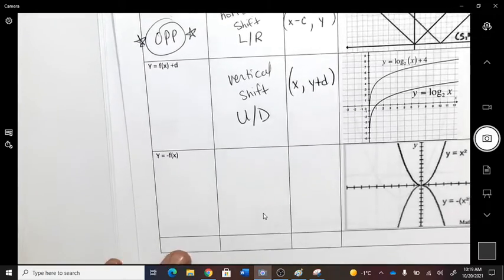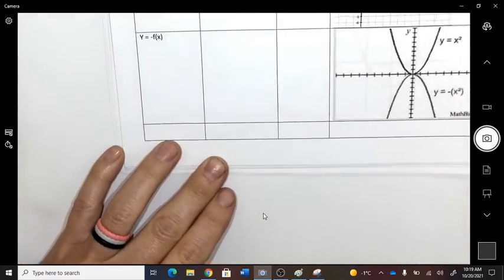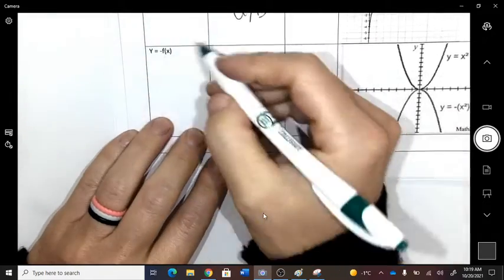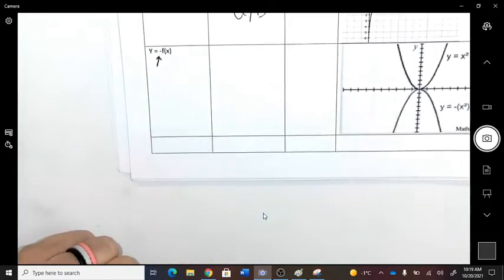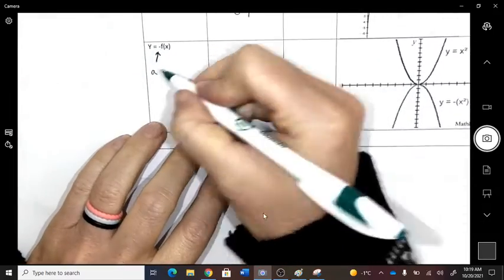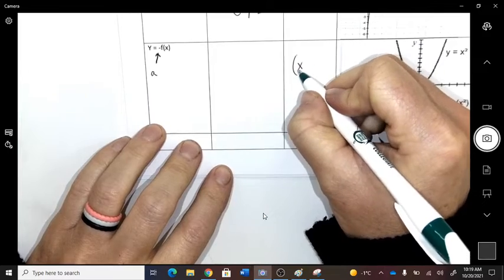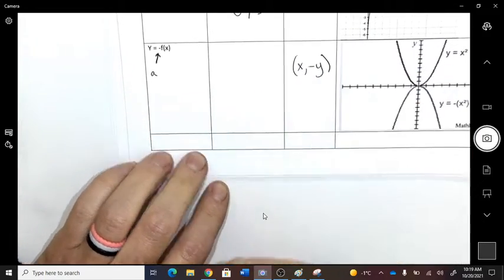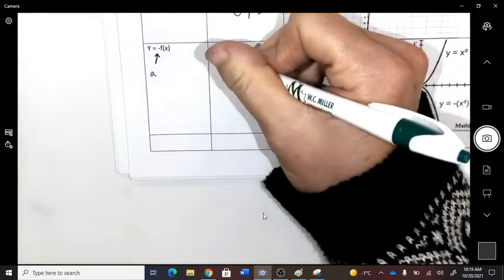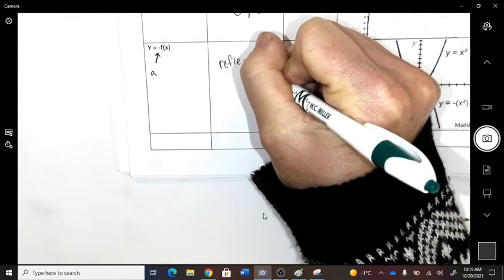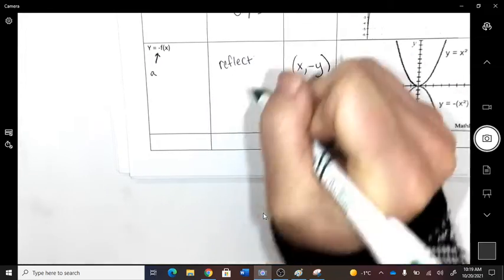Okay, let's do the negatives. So this negative is which letter spot? It's an A. So you'd be changing the Y. Think about when you change a Y, then you're reflecting, and on your test, you can't just write reflect.